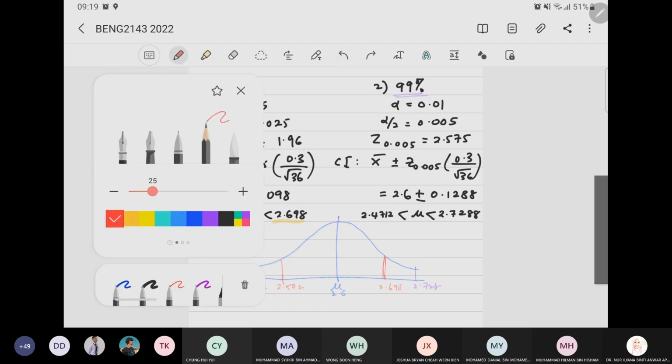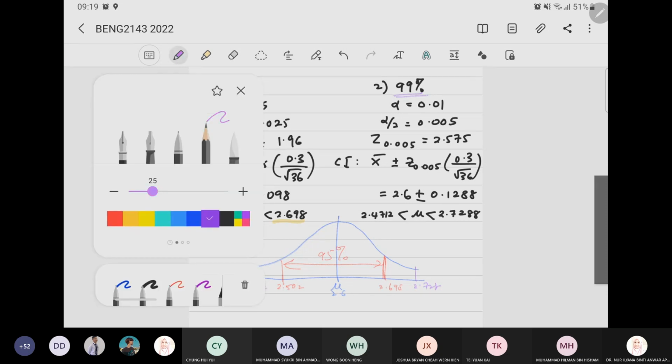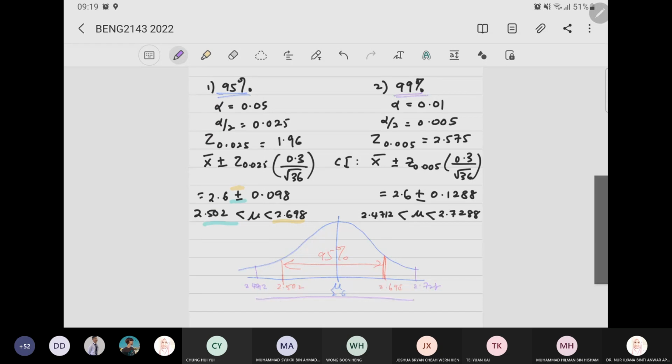For the 95%, I'm using red. So 95% of the data is within 2.502 up to 2.698. Whereas if I increase it and say 99%, from the mean of the random sample data. So that is how you determine the confidence interval.